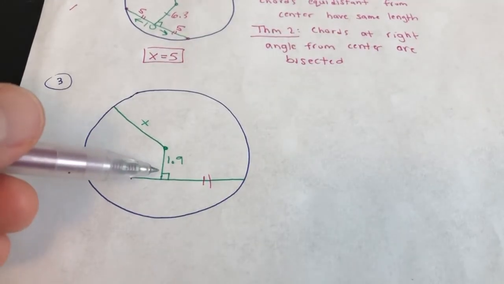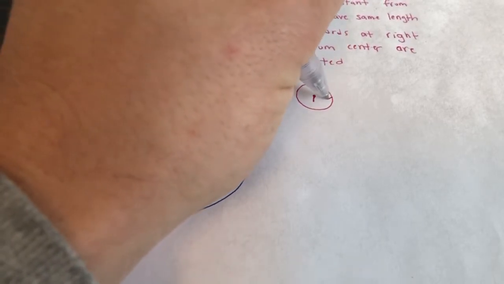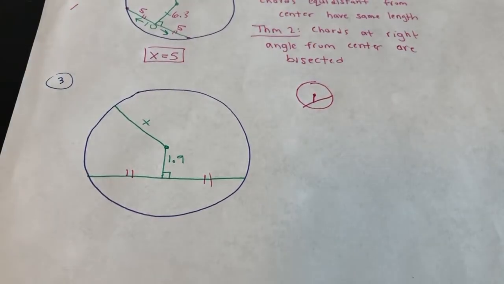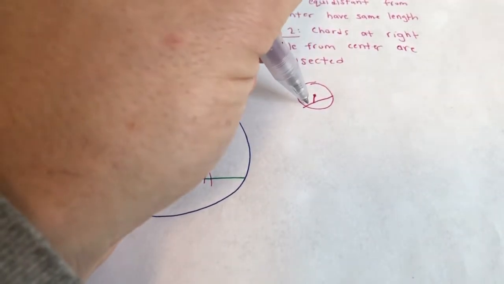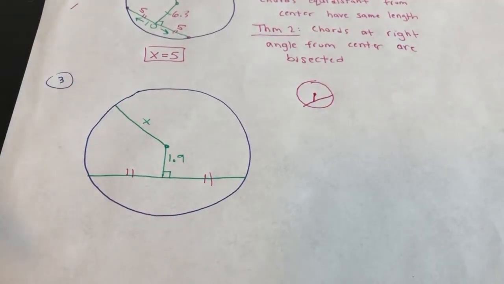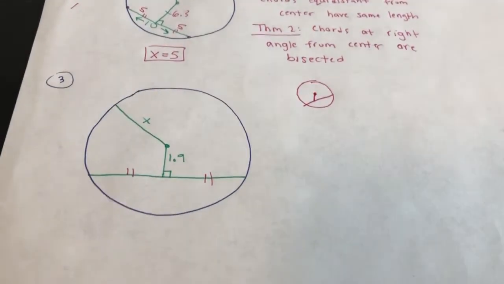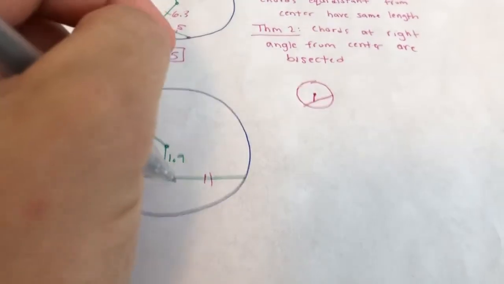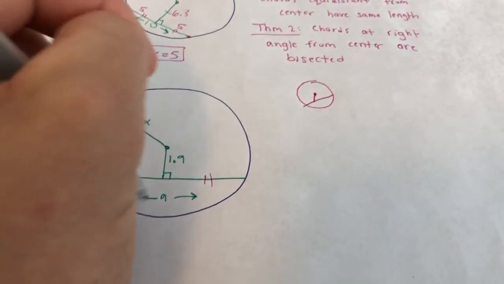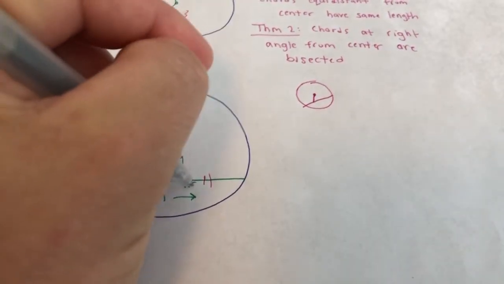If it's not a right angle, like a chord that goes down and isn't at a right angle, it doesn't cut this in half into two equal pieces. But because this is a right angle, this is cut in half. There's another piece of information in this problem. They say the whole chord is 9. So this is 4.5 and this is 4.5.